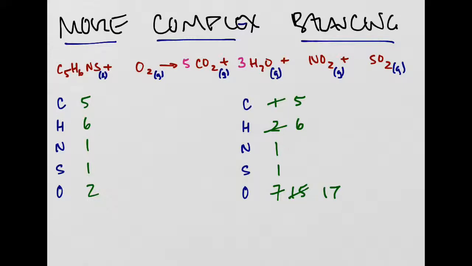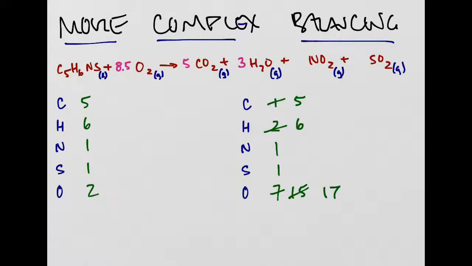And of course, you all know that 17 divided by 2 is, ooh, that's a terrible looking 8.5. Now, you might say to yourself, what? I thought you could only use whole numbers. In fact, that's absolutely true. You can't use anything but whole numbers when you're balancing equations.